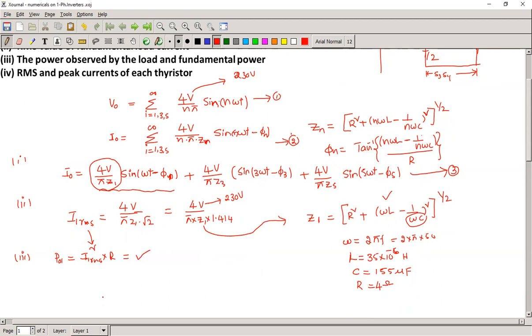Next, RMS and peak current of each thyristor. See here, in a full bridge inverter, 4 SCRs are there. RMS and peak current of each thyristor. So if we consider only the fundamental component, because the harmonic components will be lesser.